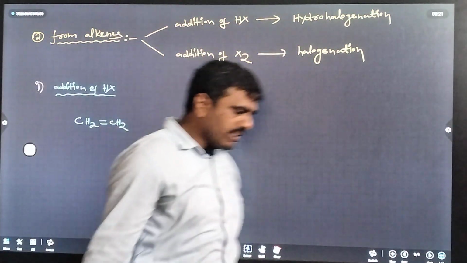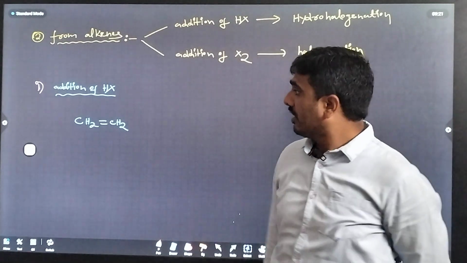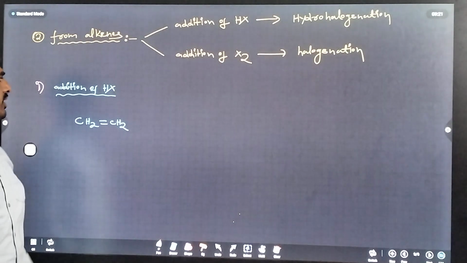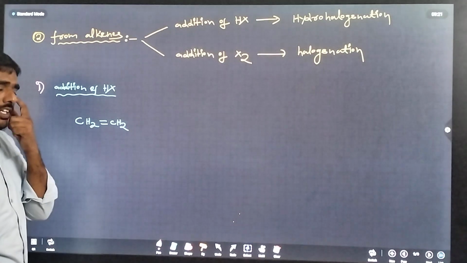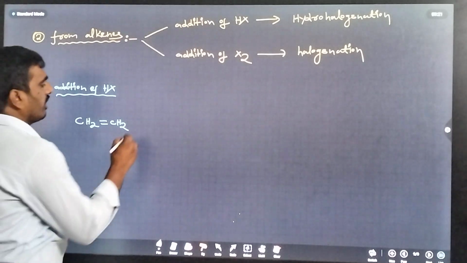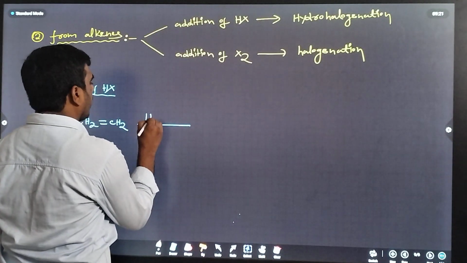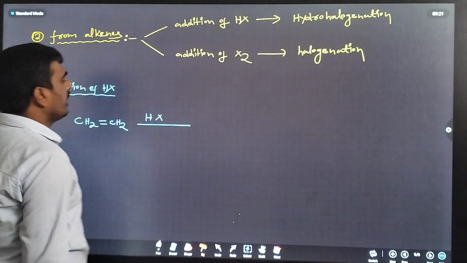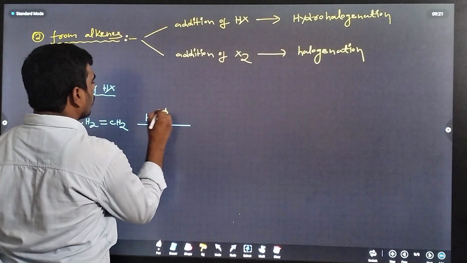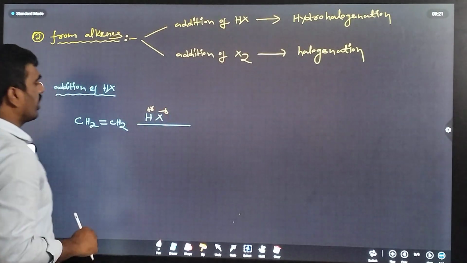Alkenes undergo which type of reactions? Electrophilic addition reactions. That means this reaction is initiated by the electrophile. Here addition of HX, H–X. X is the more electronegative element, that's why it has a partial negative charge and H has the partial positive charge.